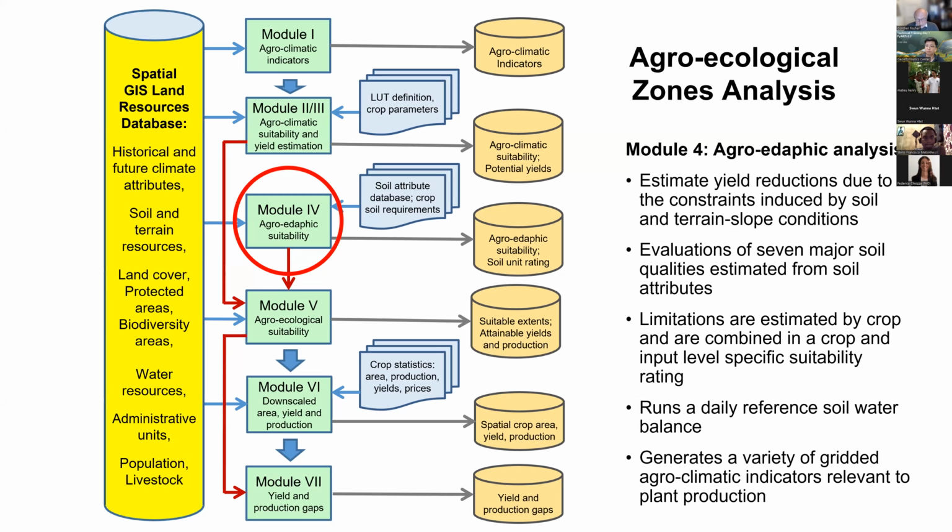The limitations are again estimated by crop and are combined in a crop and input level specific suitability rating, yet another reduction factor that has to be applied. And it generates a variety of graded agroclimatic ratings.